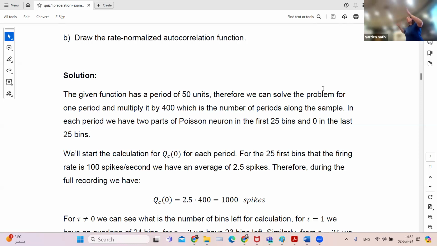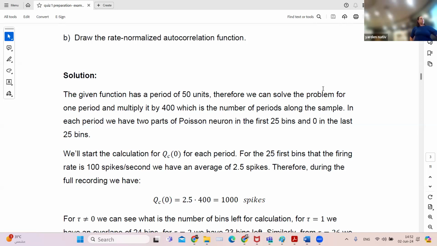Then this is the number of spikes across all of my recording. Yes, okay. So for each period, for the first 25 milliseconds, the firing rate is 100 spikes per second, so we have an average of 2.5 spikes, right? Therefore, during the full recording, we have.